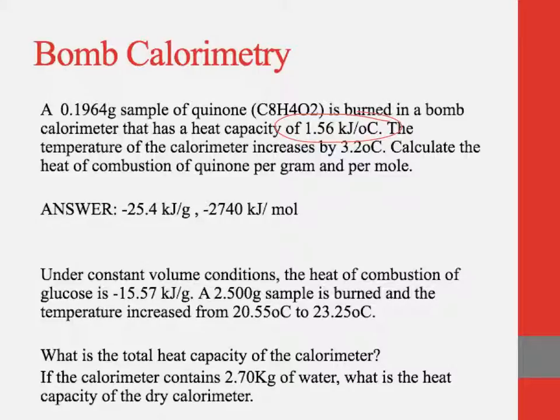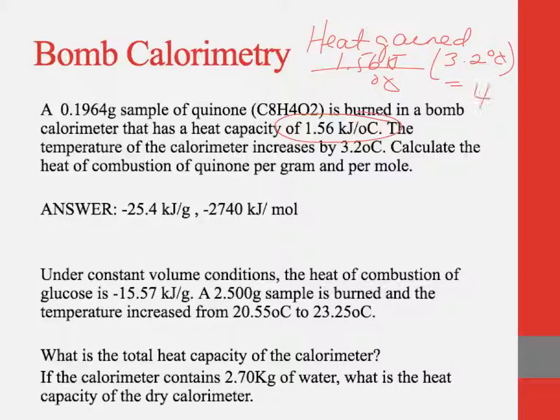So very easily my heat gained is going to be equal to 1.56 kilojoules per degree times my increase in temperature, which is 3.2 degrees Celsius, which is going to give me a total heat gained of 4.99 kilojoules.